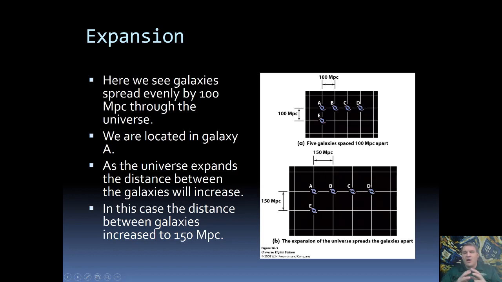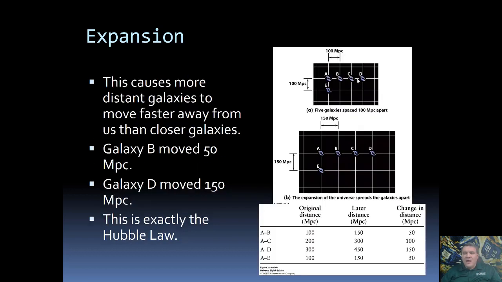Okay, so notice that all of these galaxies have moved away from us because of the expansion of space. But also notice how much they have moved. So galaxy B used to be 100 megaparsecs away. Now it's 150, meaning that it has moved 50 megaparsecs.